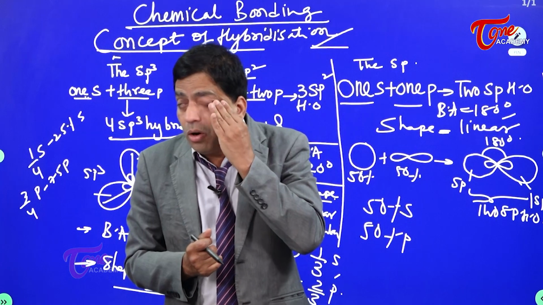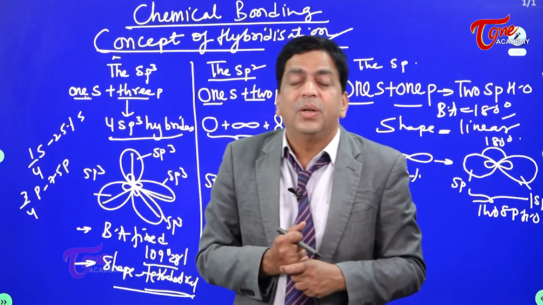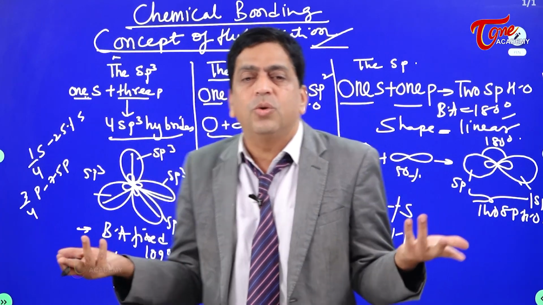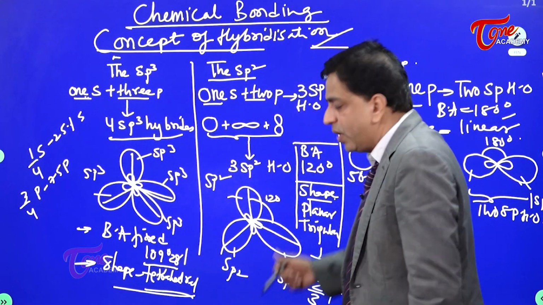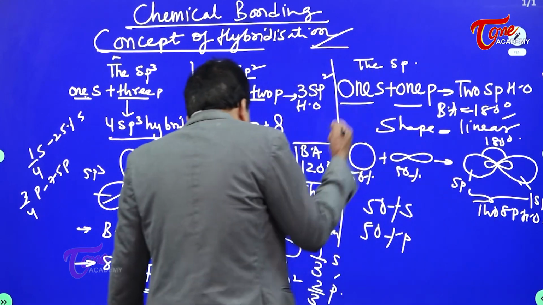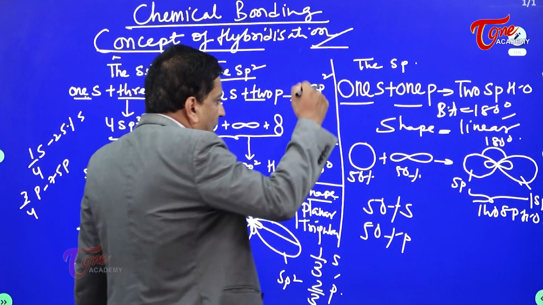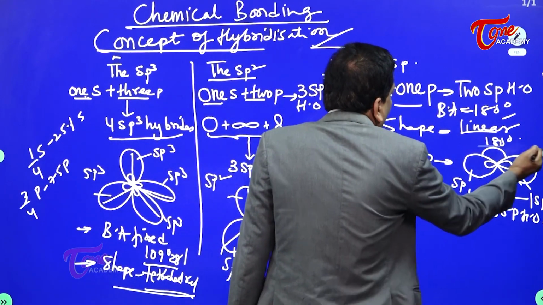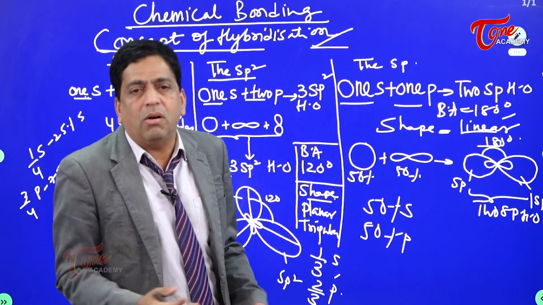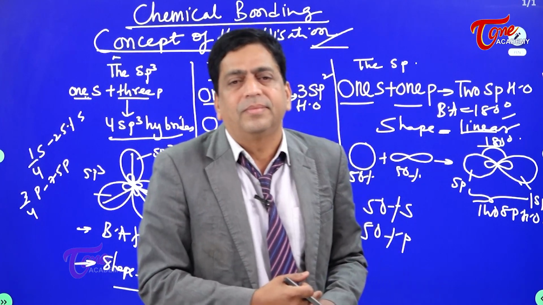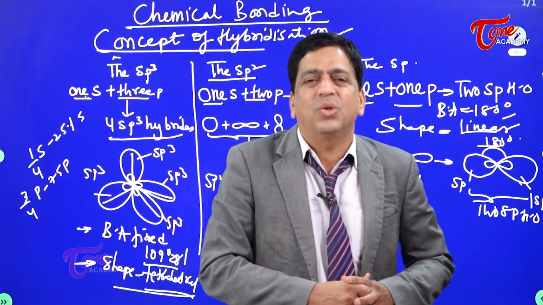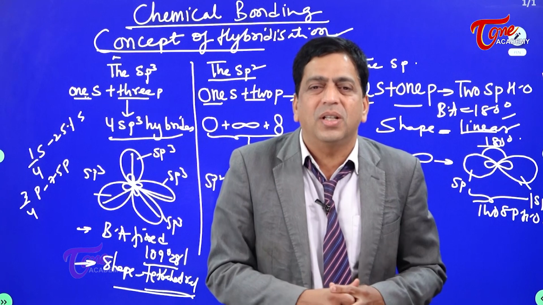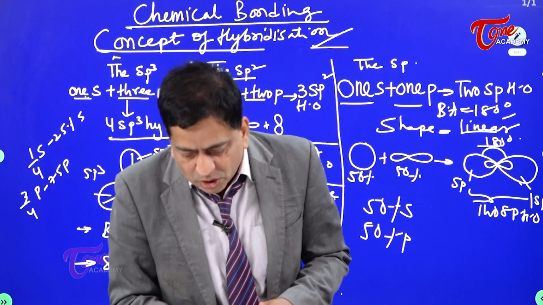If you just hang on to valence bond theory, you cannot explain molecules with 109 degrees 28 minutes. You cannot explain 120 degrees, or 180 degrees and the shape is linear. You cannot. So that is the significance of the concept of hybridization you must understand.